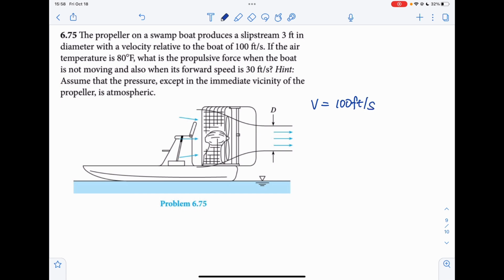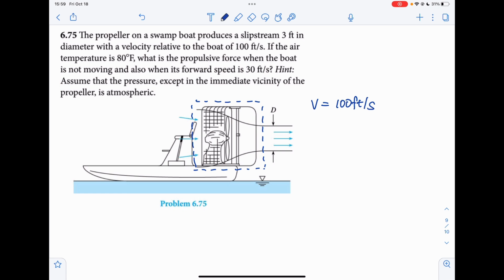The first part of the problem is asking what force it can produce when the boat is stationary. And the second question is asking what the force is when the boat is moving at 30 feet per second.